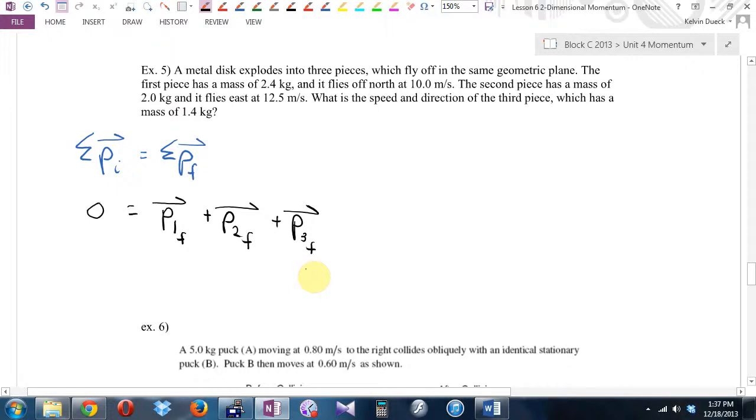Now we double check. Is this question going to involve angles and trigs? Is there a theta? Is there a north of south, east of west, or other directions? Yeah? Then we better draw a diagram. And since they're using compass directions, I'm going to go north, east, south, west. Somewhere on this question, I'm going to draw a compass rose. You're not going to fool me.